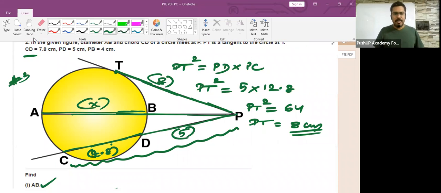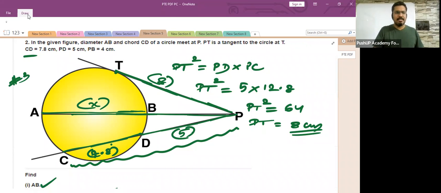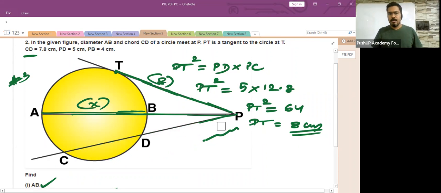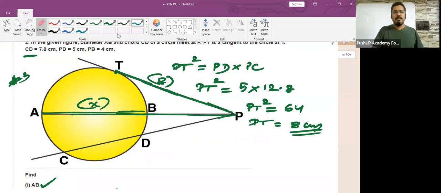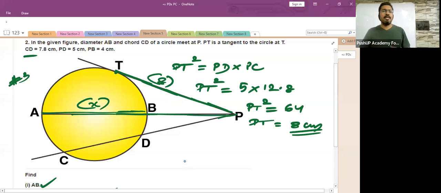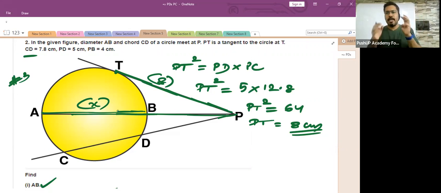For the time being, just forget about all these things. You only look at PT and PBA. Which scenario is it depicting? It is depicting the third scenario where the chord is intersecting the tangent at a point outside the circle, isn't it?